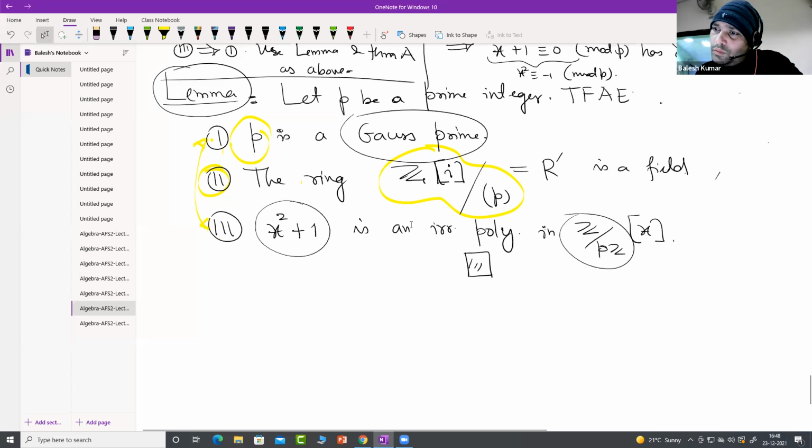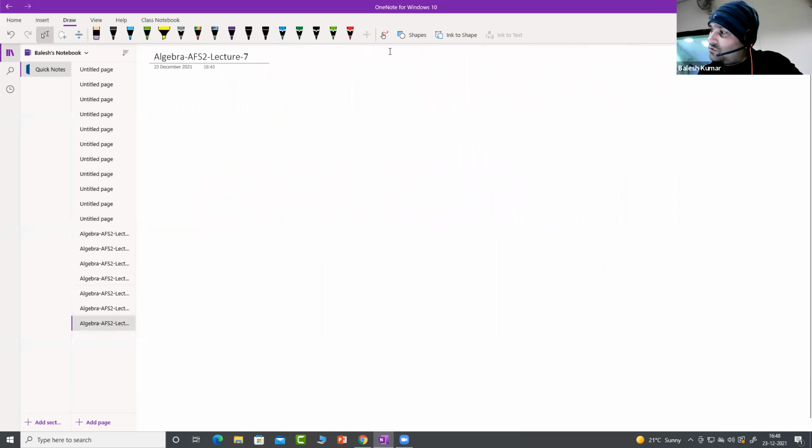In order to prove this lemma, let me just recall how we can algebraically look at the ring of Gaussian integers. We have a very natural substitution homomorphism that you probably all know from the previous lectures.